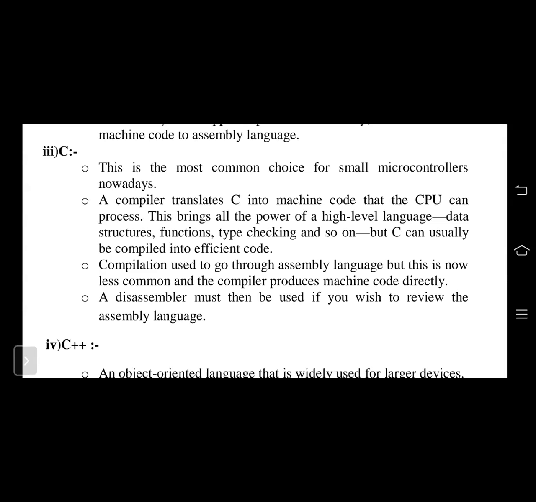In between, it will not generate assembly code, but directly generates the machine code. A disassembler must then be used if you wish to review the assembly language. So you can use a disassembler if you want to view the assembly language code for that converted code.